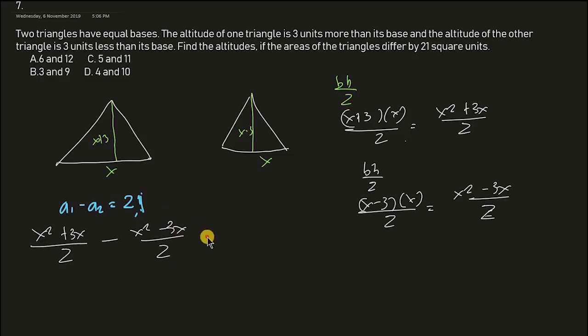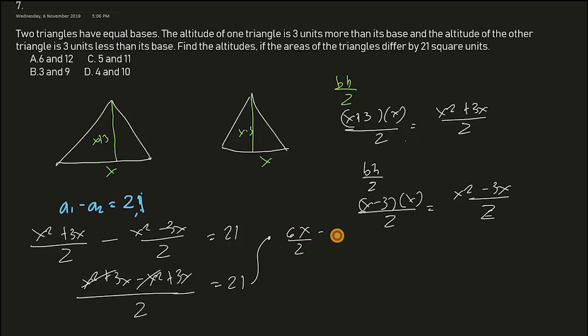So since they have the same denominator, I can add them up. So that's x squared plus 3x, distribute mo yung negative sign, minus x squared plus 3x is equal to 21. Cancel, x squared, matitira is 3x plus 3x, which is equal to 6x over 2 is equals to 21.